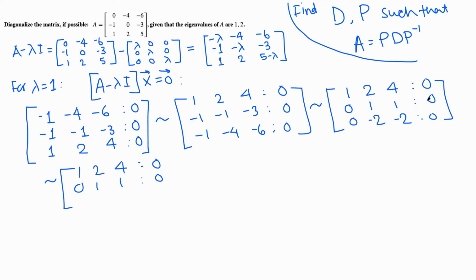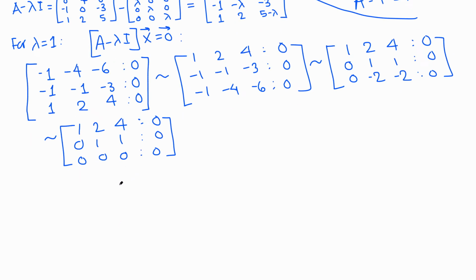So multiply by 2 and add, we get 0 0 0 0. So this is in echelon form. There is no pivot here, so this is x1, x2, x3, and x3 is free because there is no pivot.